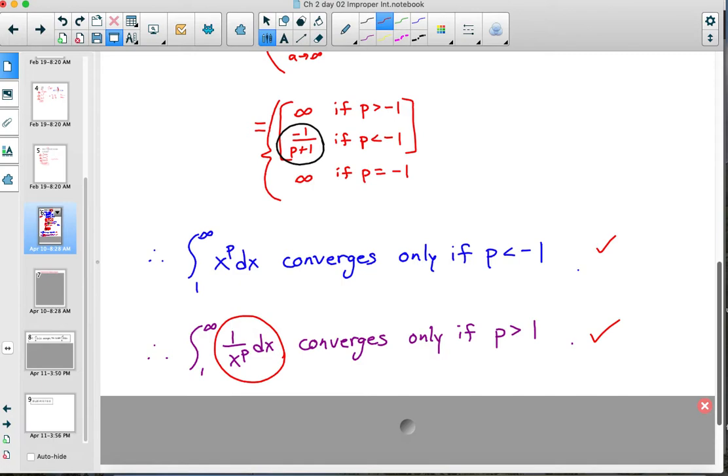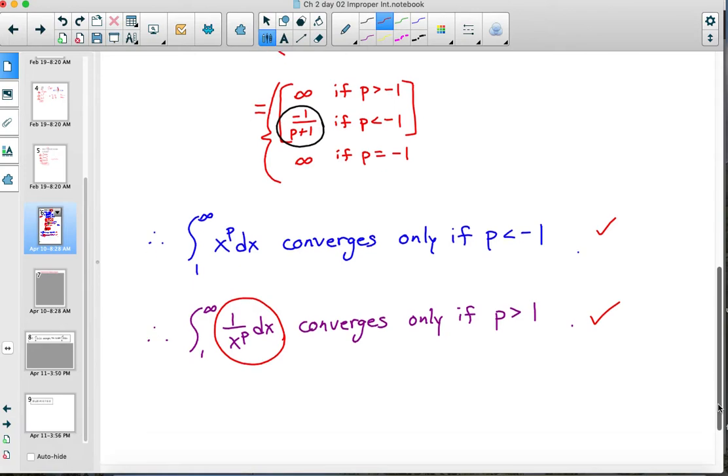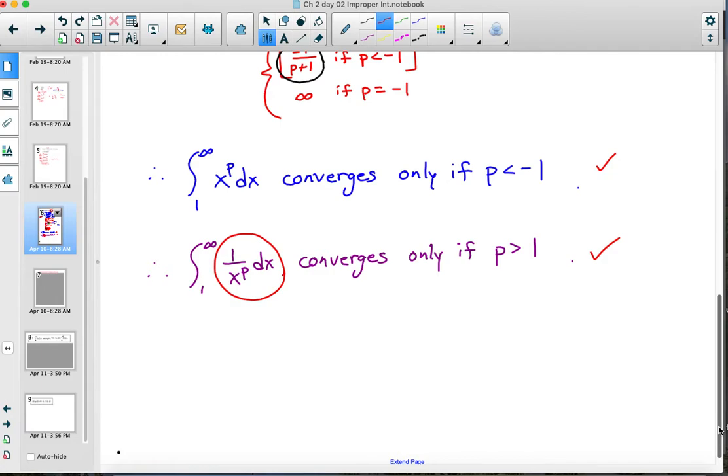When we're doing an integral from 1 to infinity of 1 over x to the p, it'll converge only if p is greater than 1. For example, the integral from 1 to infinity of 1 over x squared is going to converge, because in this case p is 2, and that's greater than 1.